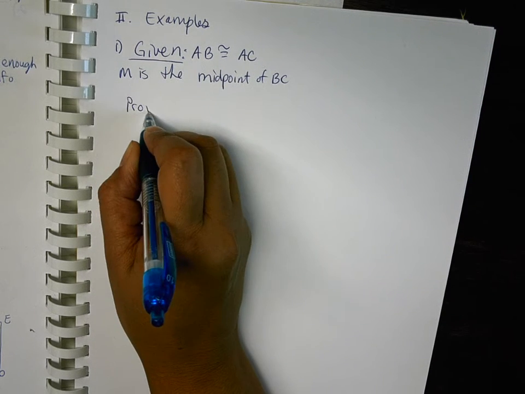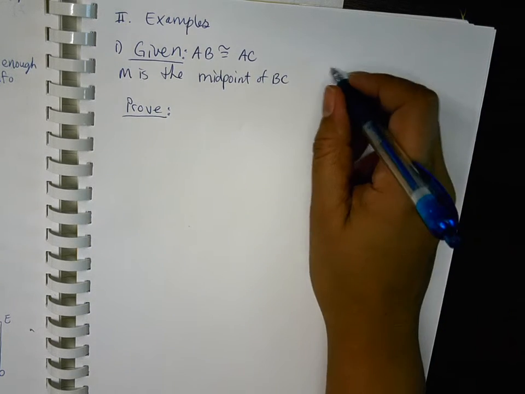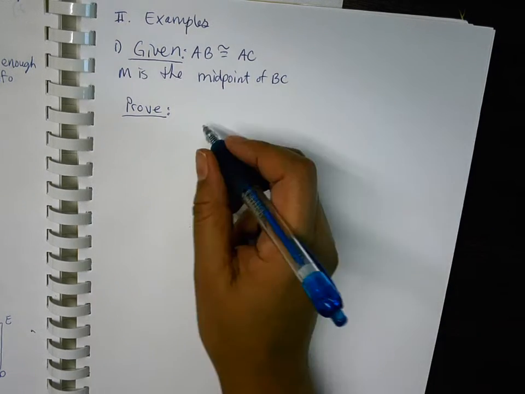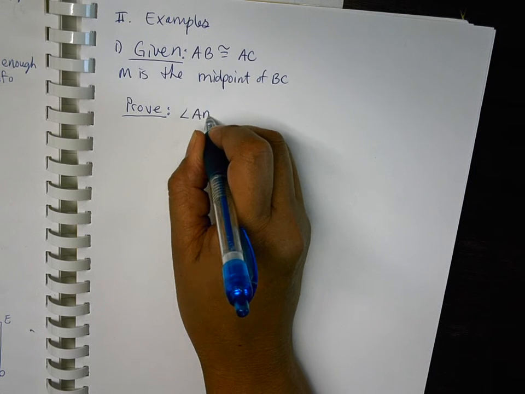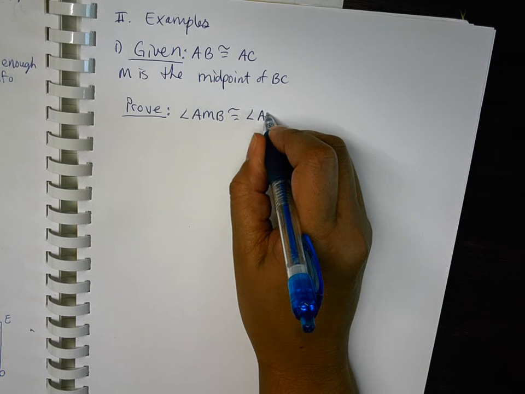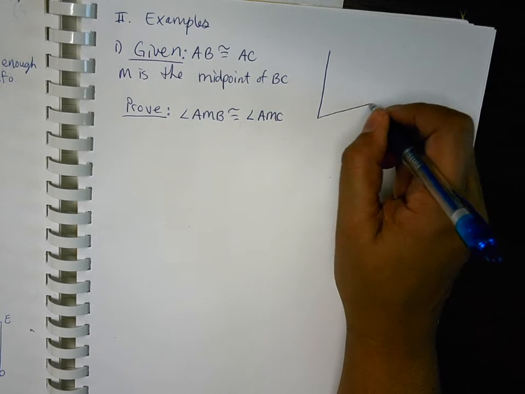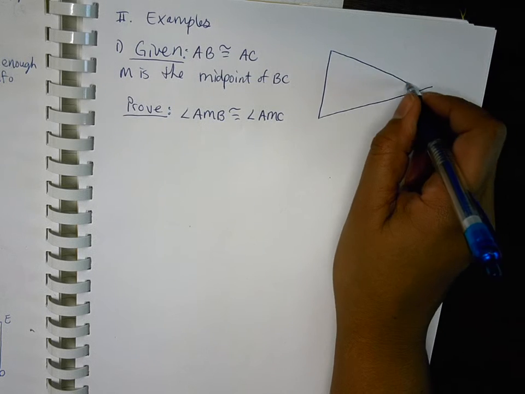Prove, and what do I want to prove? That angle AMB is congruent to angle AMC. And I'm going to draw the picture. If you're not ready, then just draw it when you're done writing all the words down.